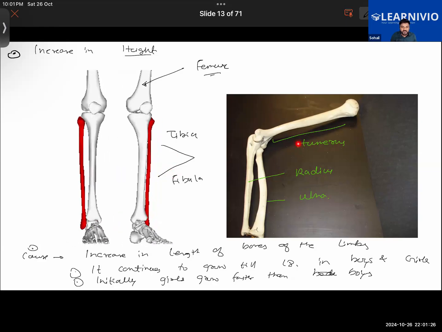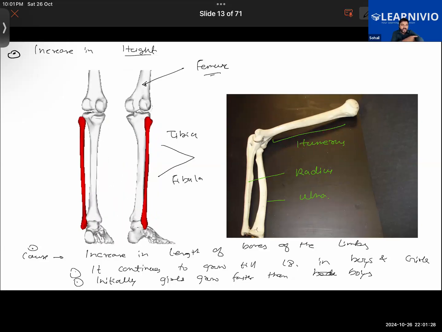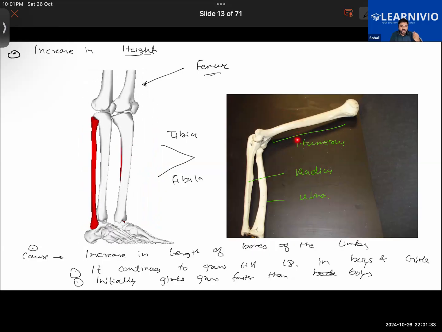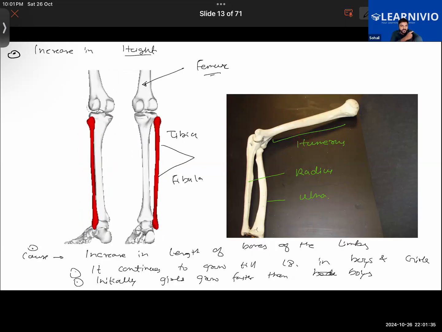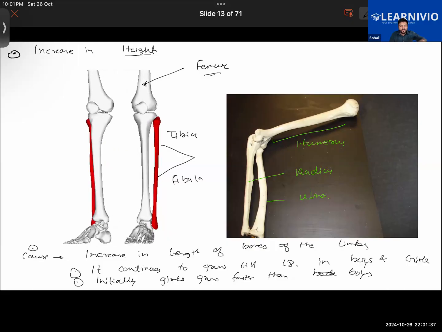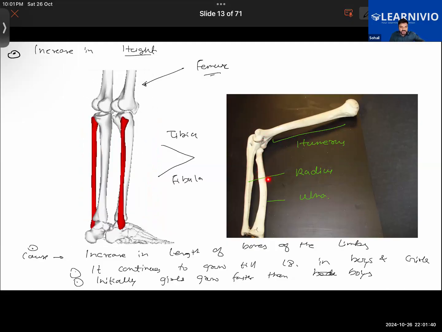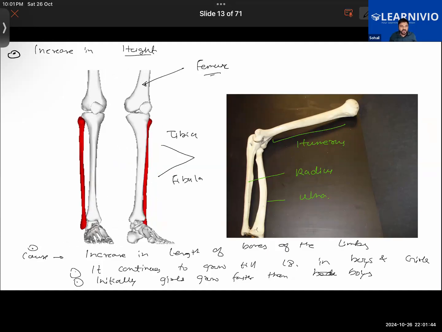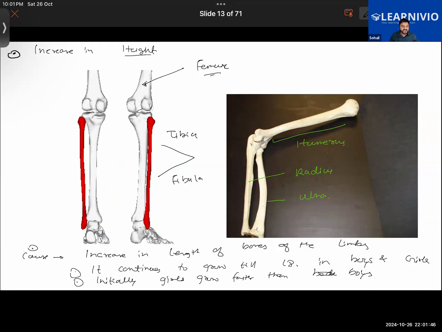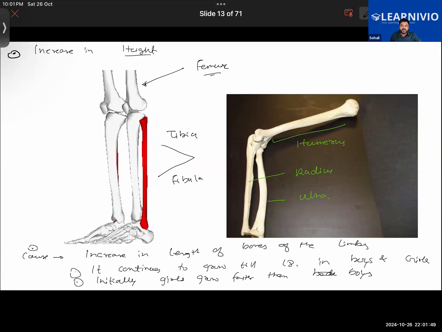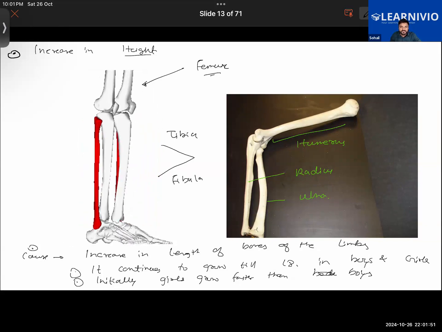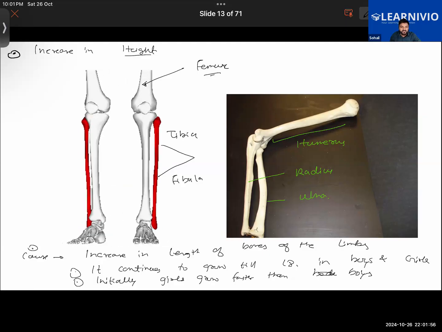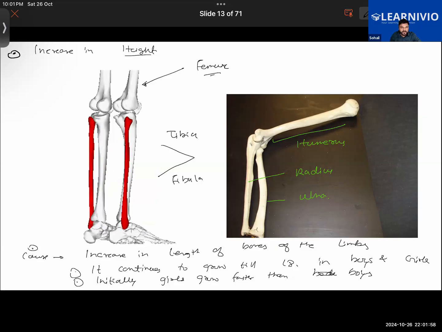In the upper arm, you have the humerus bone, this one over here, and in the forearm, you have two bones, radius and ulna. The point is that all these bones elongate and their length increases. Hence, the person becomes taller. Getting it? But initially, who will grow faster? Girls. Okay.